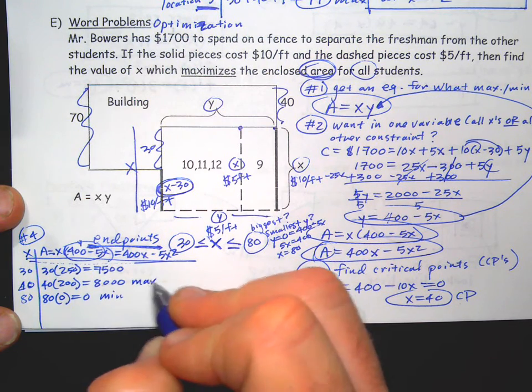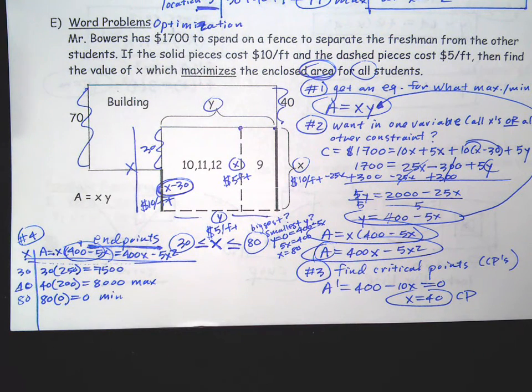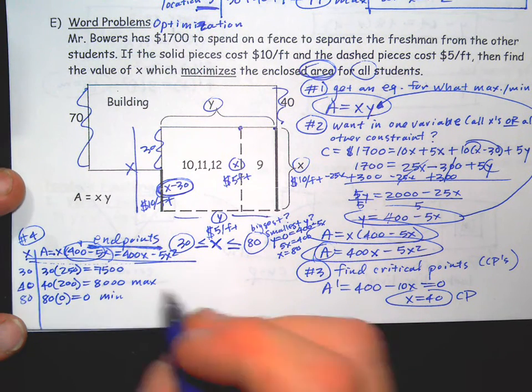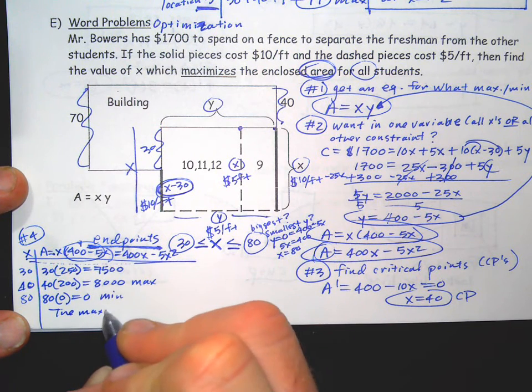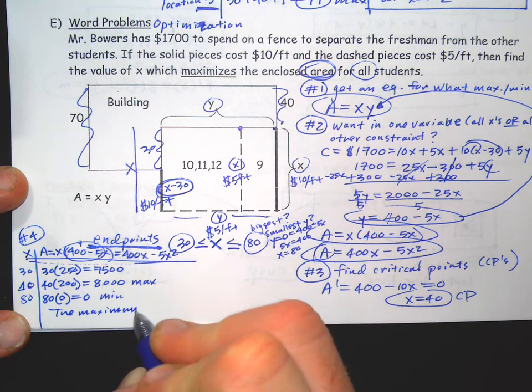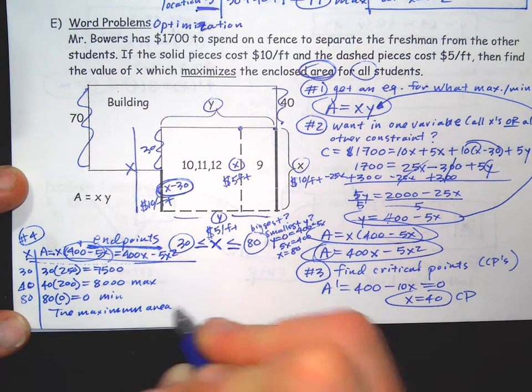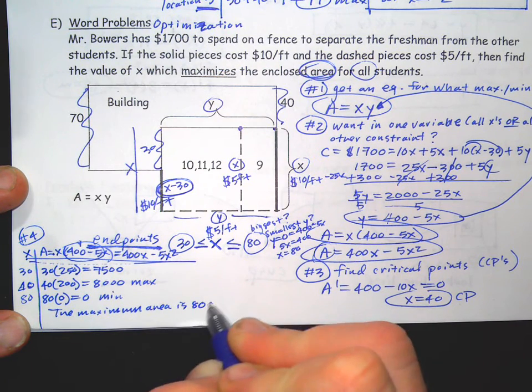So the same work can be used to find the opposite max or min. We were looking for maximum area. So now the way we're going to write our answer is we're going to say the maximum area is 8,000.